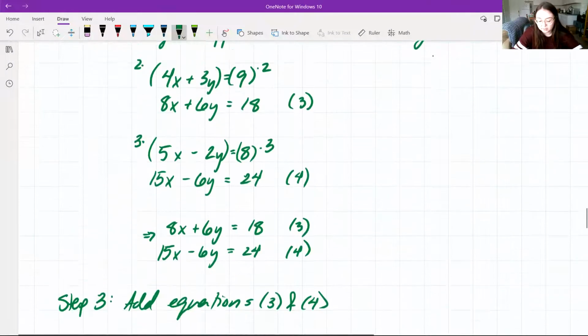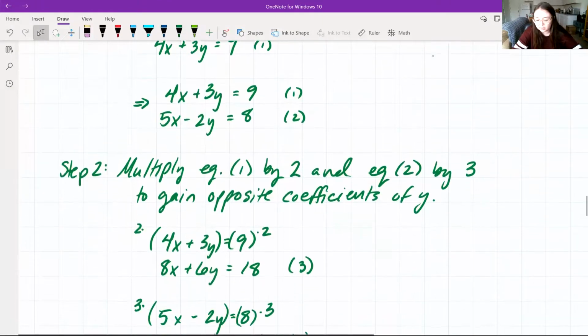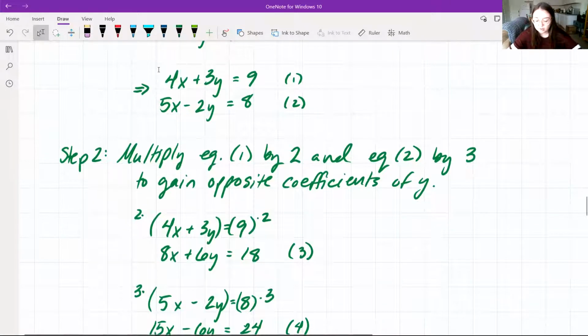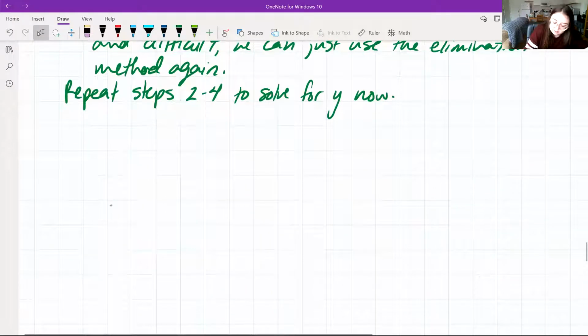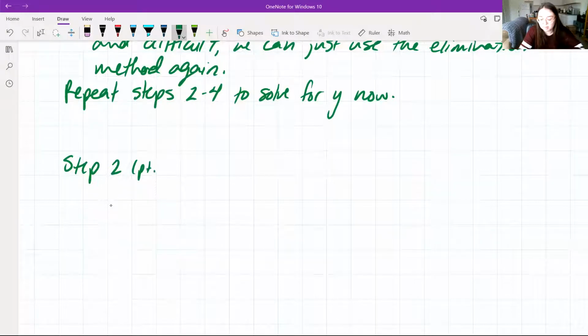So going back to our step 2, where we had our equations 4x plus 3y is equal to 9 and 5x minus 2y is equal to 8. We're saying now step 2, part 2, and we're using these original equations.